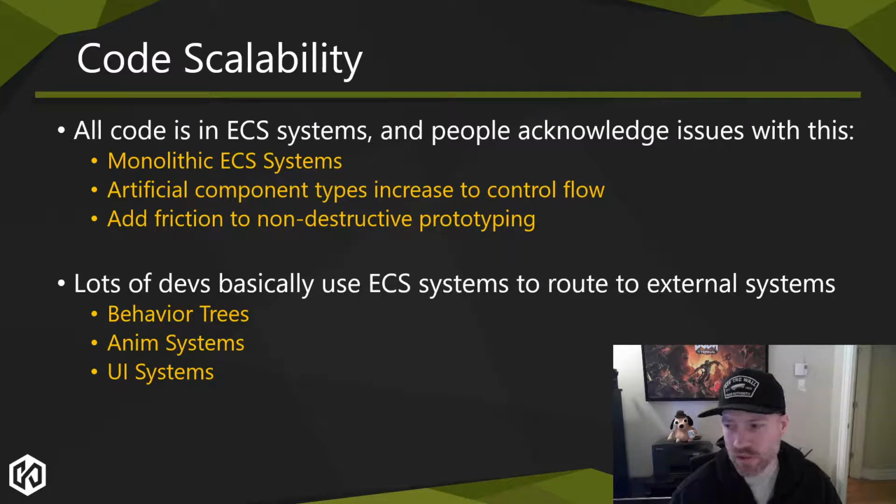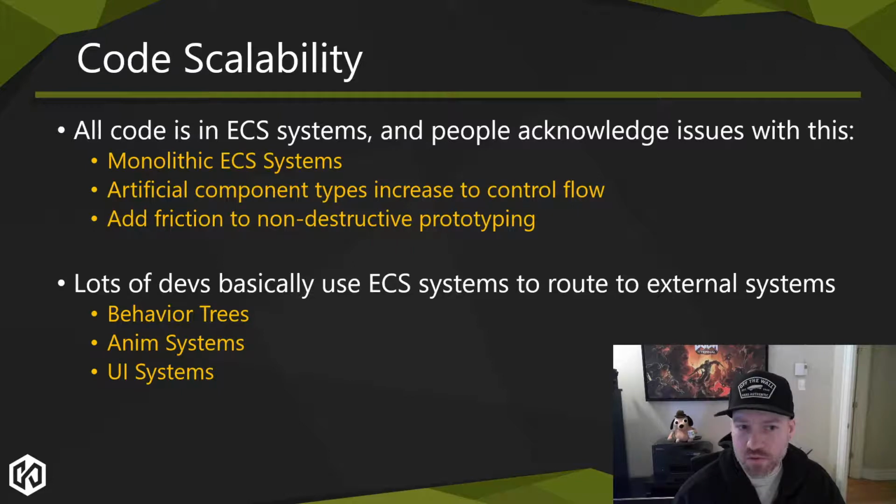People acknowledge that there are issues with these systems potentially becoming monolithic, of having all your logic for certain aspects in one system, and you end up super branching. You end up with a lot of different things in one system, to the point where we go back to the old school monolithic characters, where it's impossible to make a step forward because you might break 5 different things.